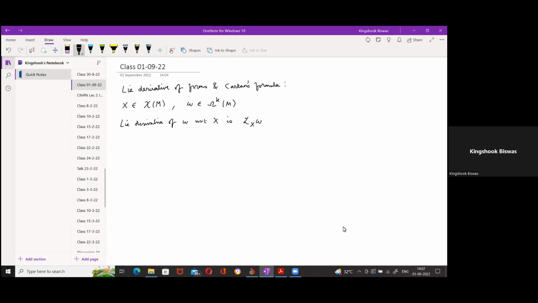This is defined to be d/dt at t equal to 0 of phi_t star omega. So this is a k-form.